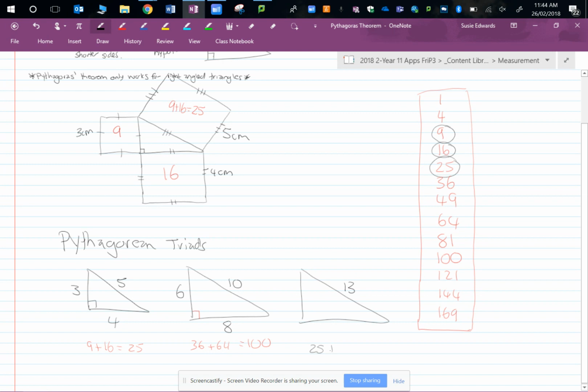So 25 plus 144 equals 169. So what are the two side lengths going to be on this triangle? 5 and 12. So 5, 12 and 13 is another Pythagorean triad.